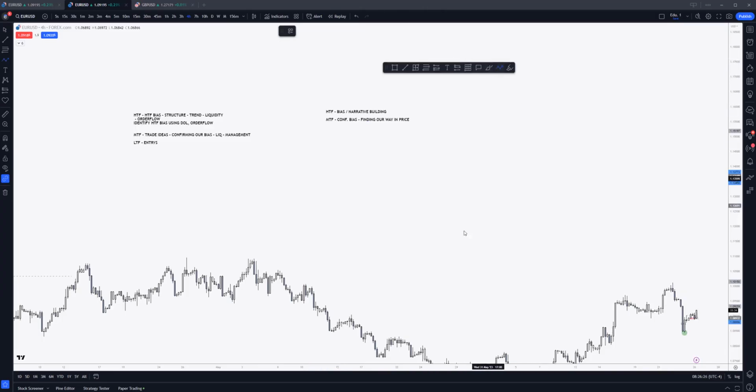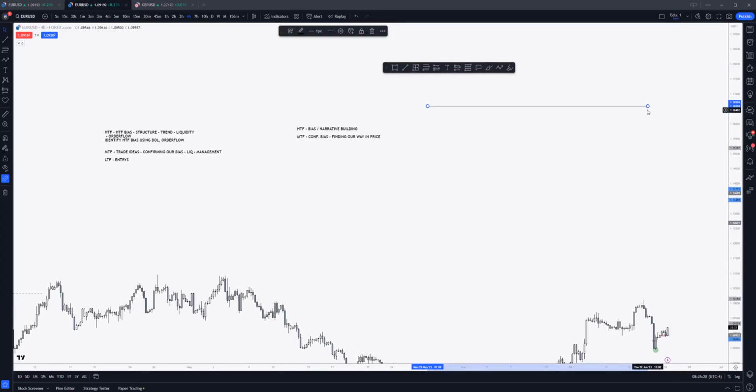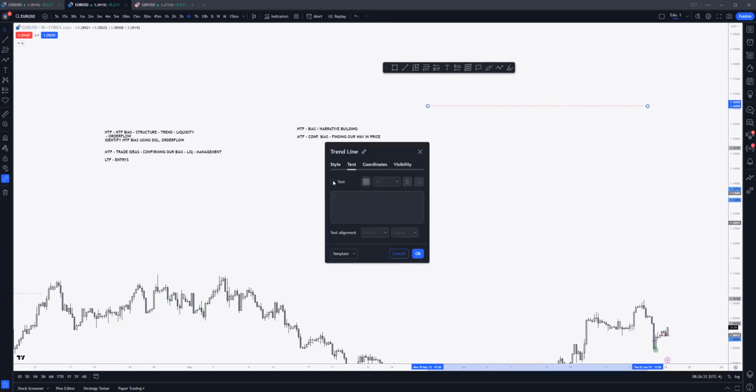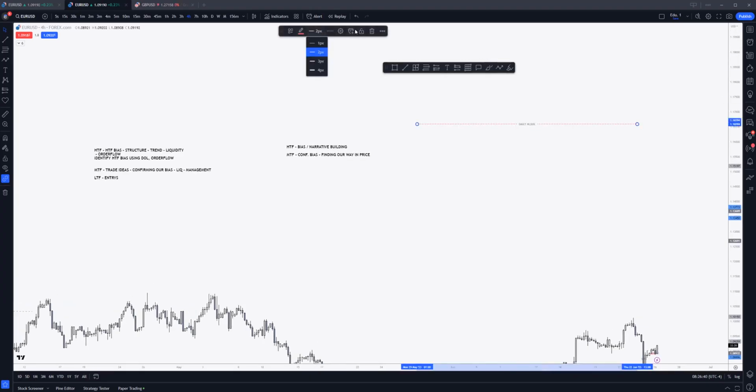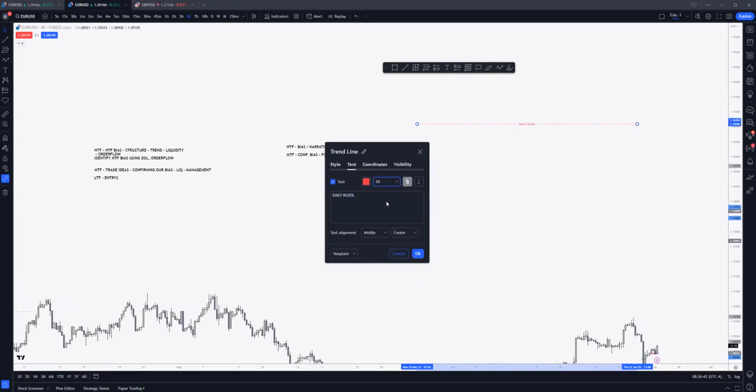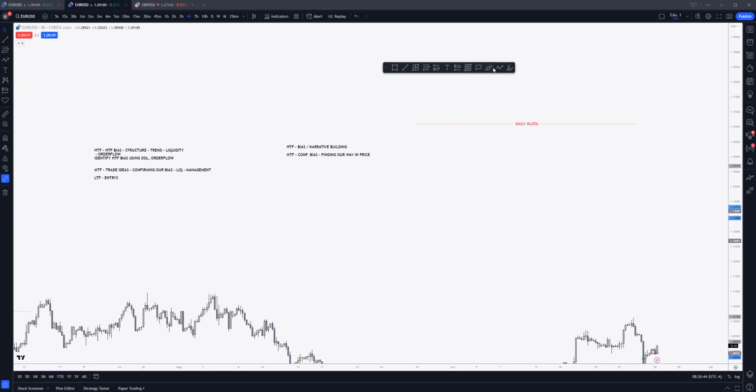So for example, if we have draw on liquidity, so we'll call this daily, next likely draw on liquidity. Okay. And then we've just come into, oops, come on here.